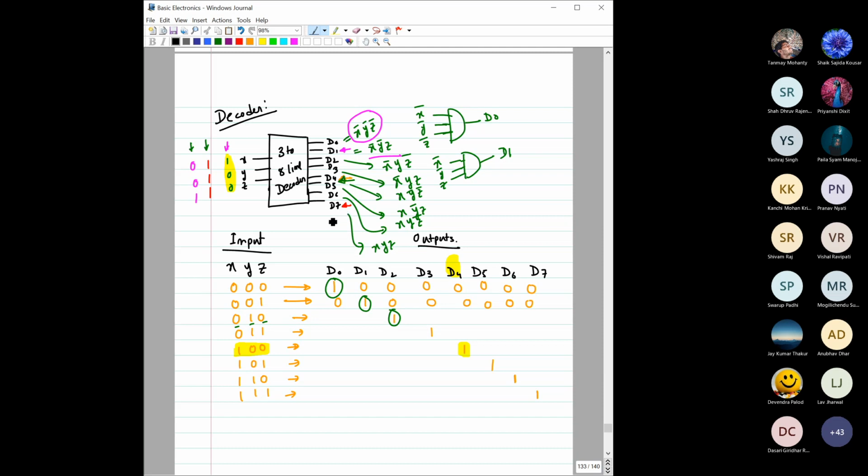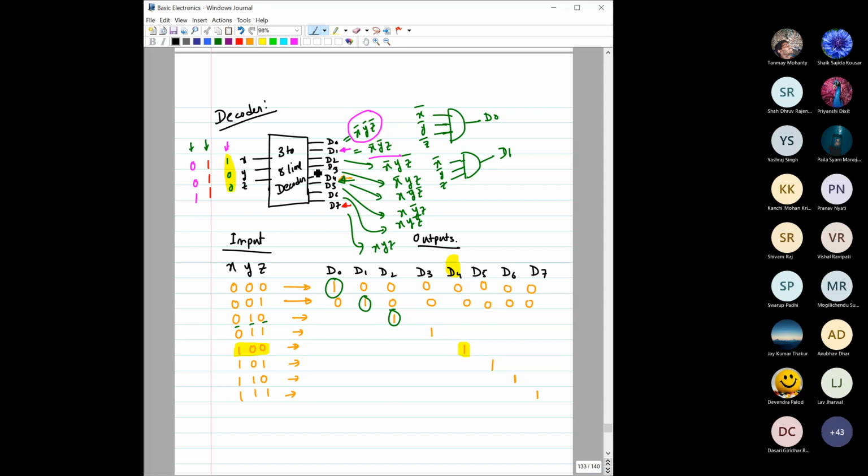But what an encoder will do is perform the opposite operation of the decoder. So you have these 8 inputs and these 3 outputs. Depending on which one you are making high, for example, if you make D4 equal to 1, logic 1, and the remaining inputs you make logic 0, then at the output it will become 100.